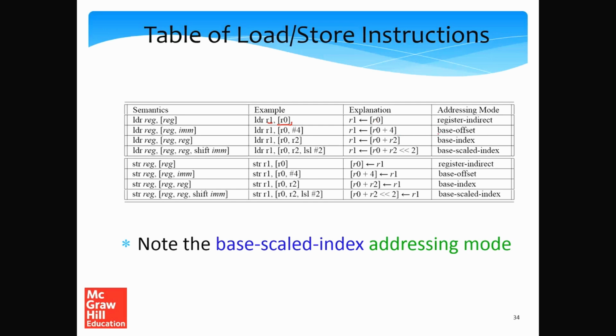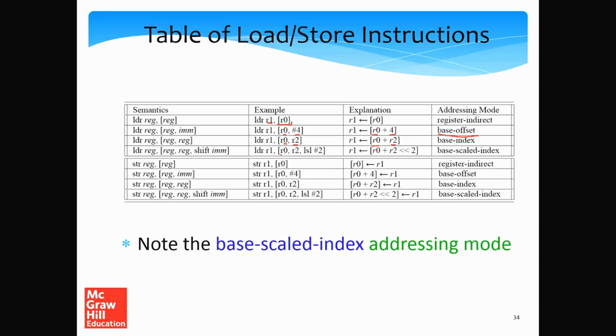We have a base offset mode, where the base register and the offset are provided. So we take the contents of the base register, add 4, and save it in R1. Similarly, we have a base index mode, which is R0 and R2. So we just add the contents of R0 and R2, access memory, and save the bytes in R1.